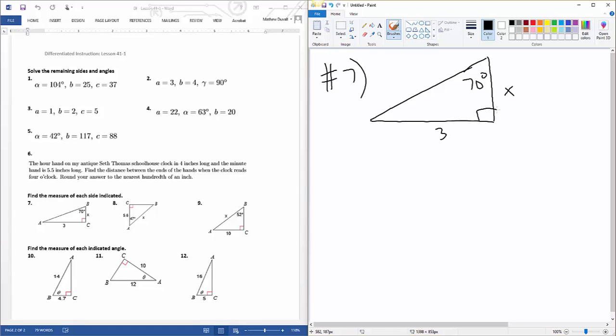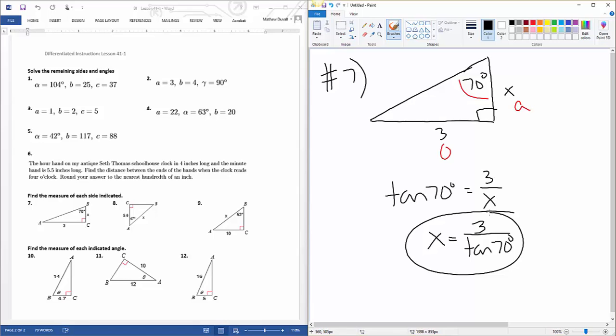And so from this given angle here, I have my opposite side and my adjacent side. And so that'll be the tangent of 70 degrees equals opposite over adjacent. And then getting x by itself, you're going to get x equals 3 over tangent of 70. You enter that into your calculator, and you're going to get your answer.